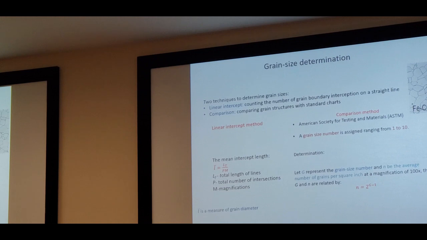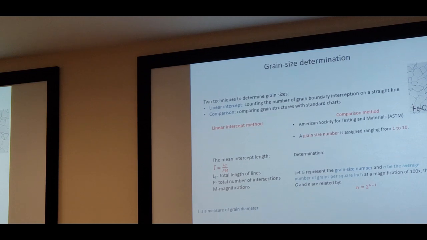These are micrographs of several samples with different grain structures, and they have assigned numbers from 1 to 10, with a magnification of 100. Now you are given a certain sample.